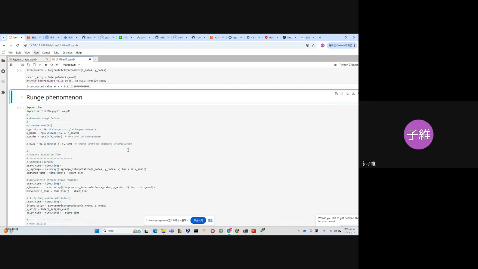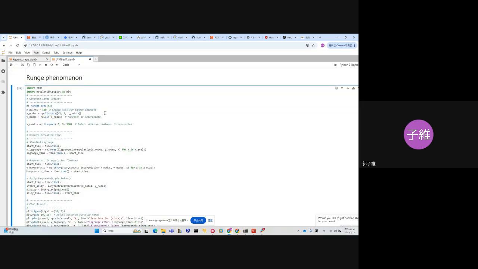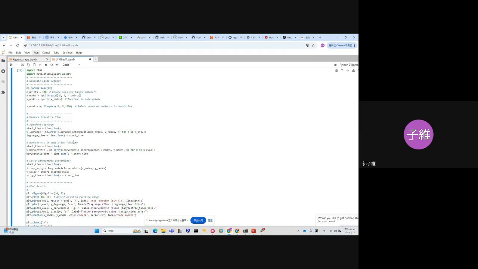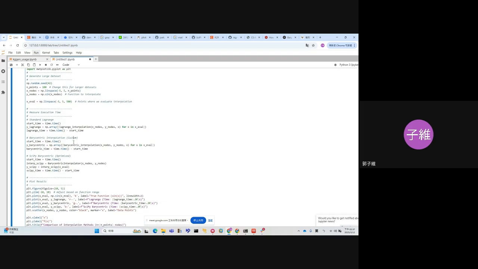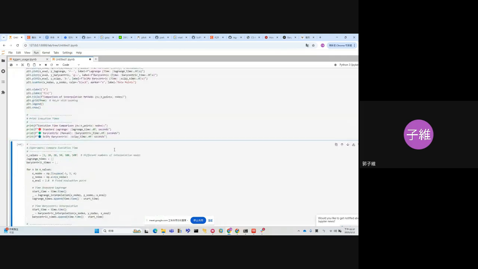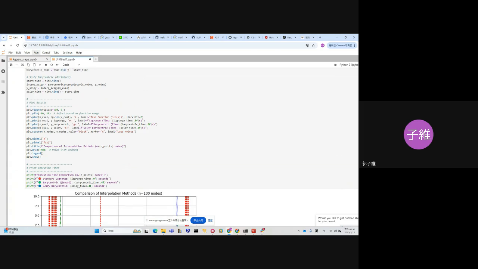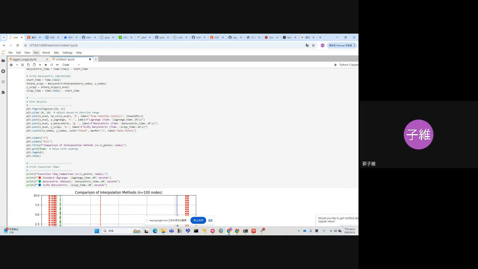Okay, but what if we have a larger data set, say 100 points, and you can compare the Lagrange method and the barycentric method and the optimized module provided by the SciPy library.